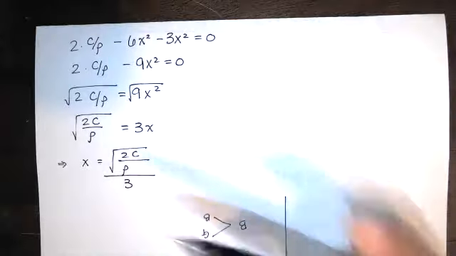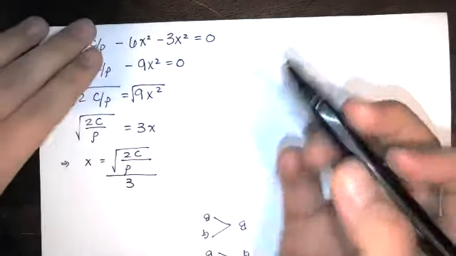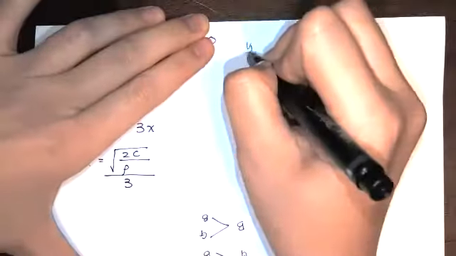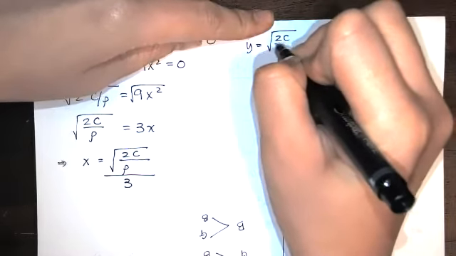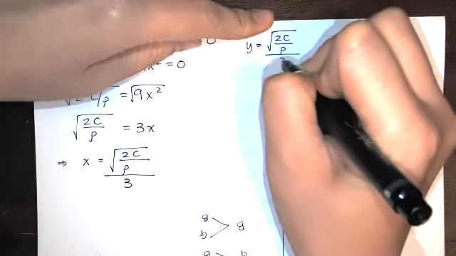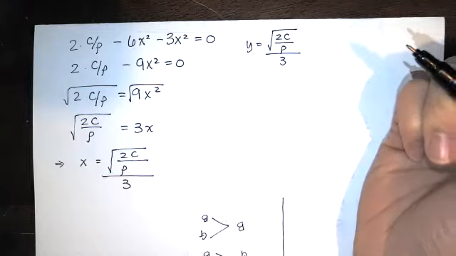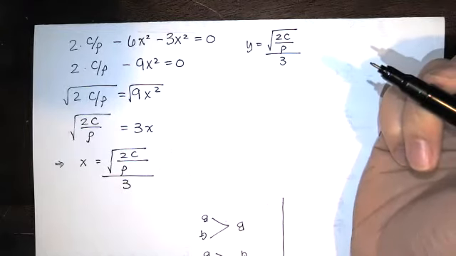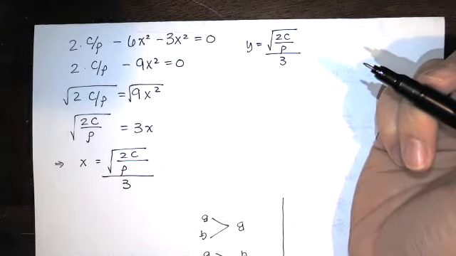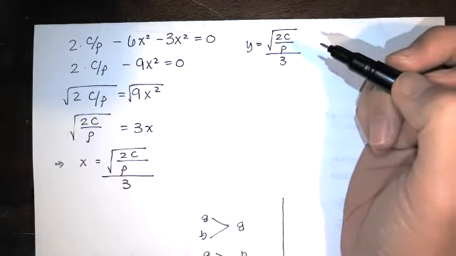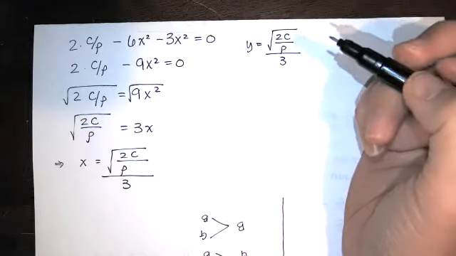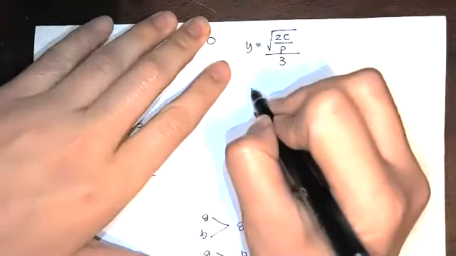So x is equal to this value, and since y and x are the same, y must be the same thing. Now, I don't know why WebAssign chose to do this, but I think that they just decided that rho was equal to 1. It doesn't make sense. This x and y value actually do depend on that cost per unit area of the material for the sides, but they didn't give that to you.